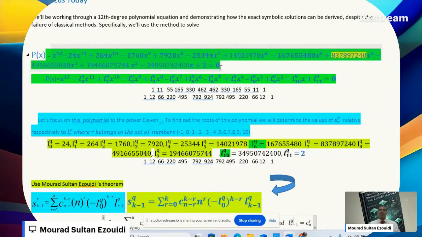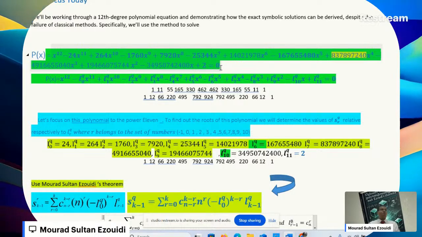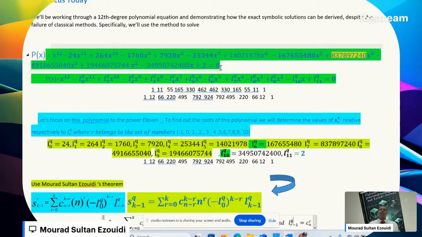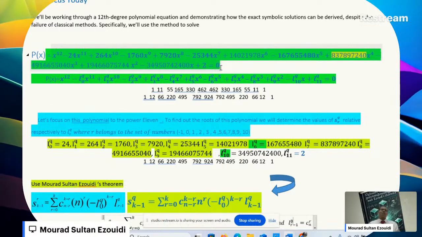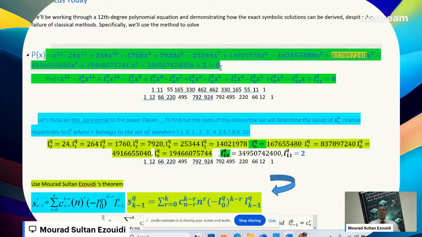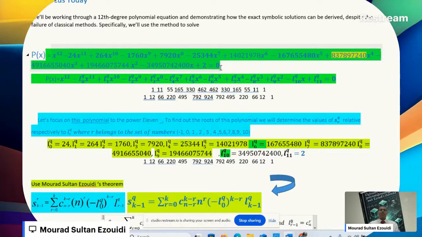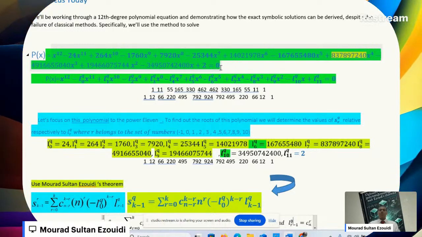And today we will show you how you can solve this polynomial to the power 12. Take your pens, your scientific calculator and your paper sheets, and ask ChatGPT, DeepSeek, all of them. They will tell you that we cannot solve polynomials to the power 9, 10, 8, 7 without the theorem of Mourad Sultan Ezouidi.